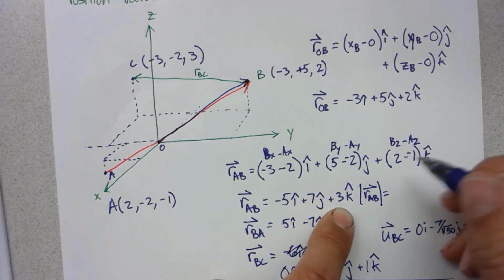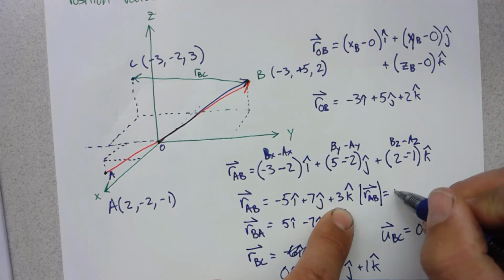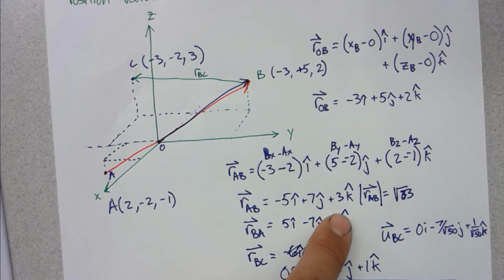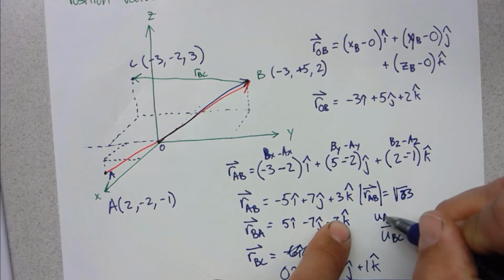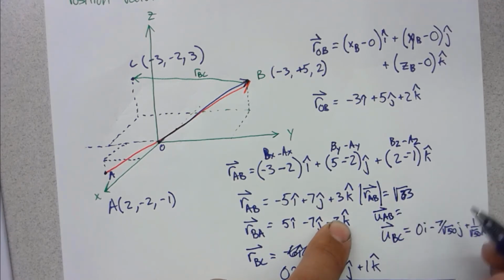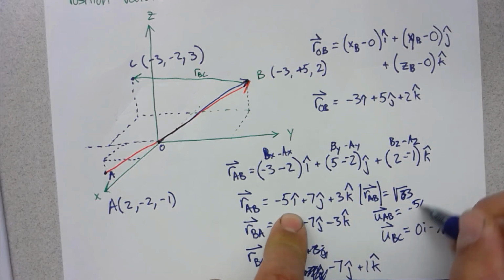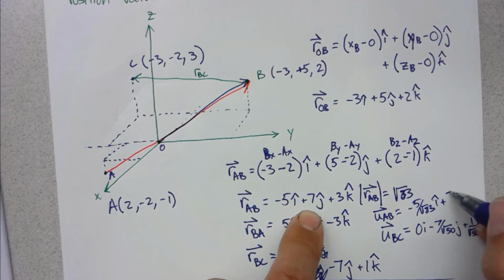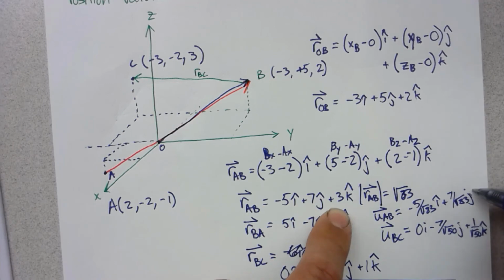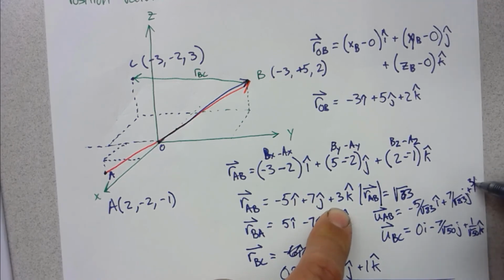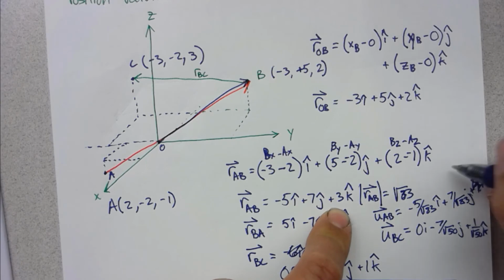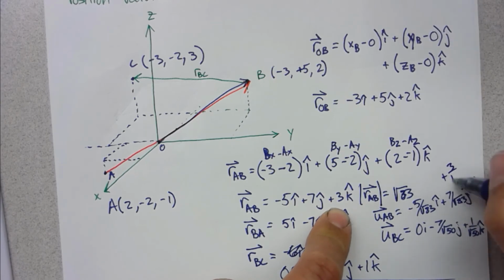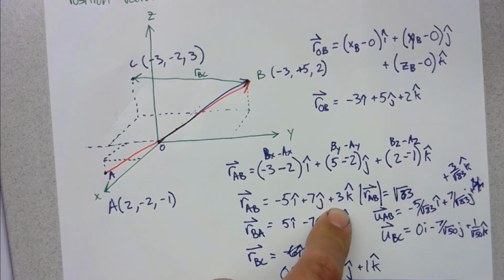Okay, so if this is root 83 is going to be its magnitude, then I could say that the unit vector AB is going to be negative 5 over root 83 i hat plus 7 over root 83 j hat plus 3 over root 83 k hat.